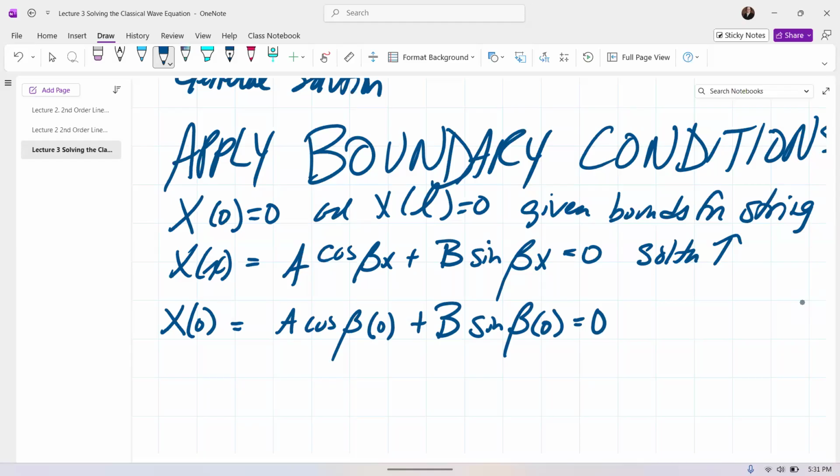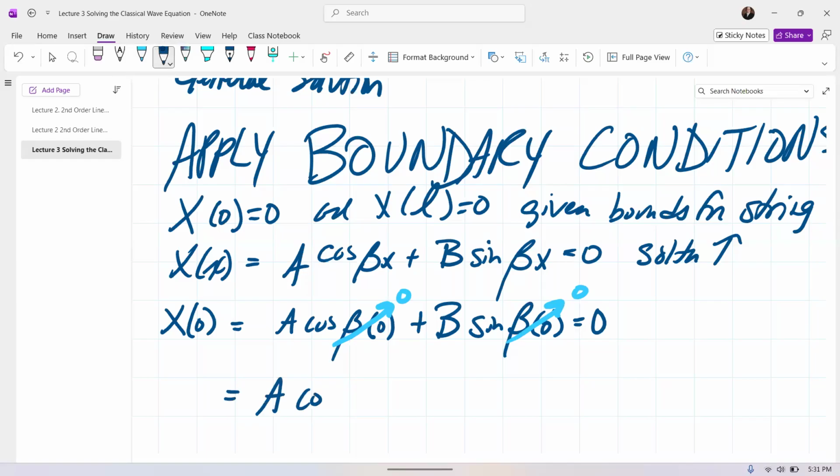All right, now, there are a few things we need to remember. So let's take a look at this. We have beta times 0. This is just 0, and beta times 0, that also is just 0. Here we can just write it out.